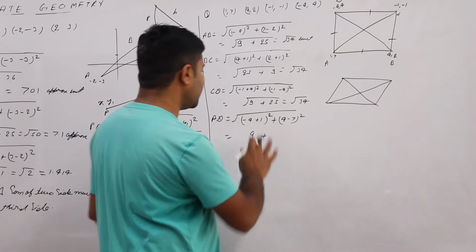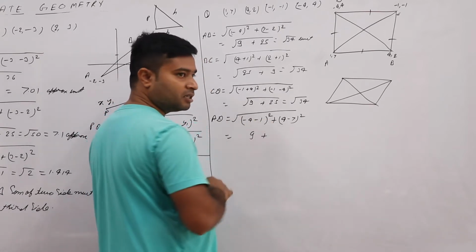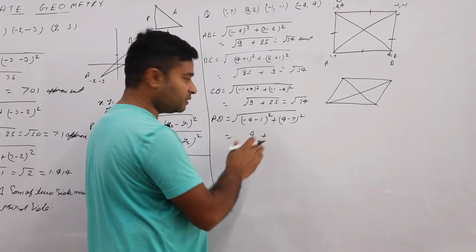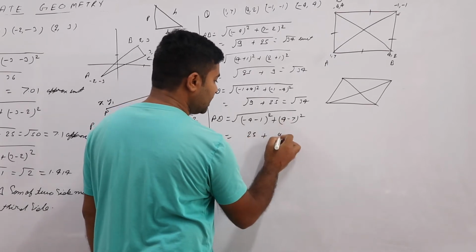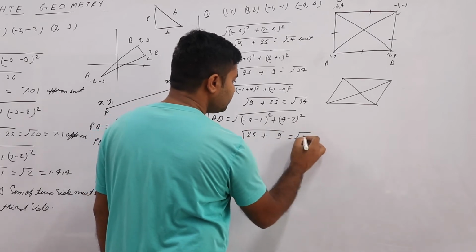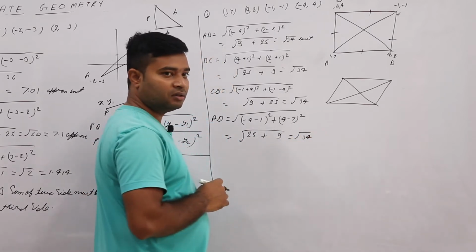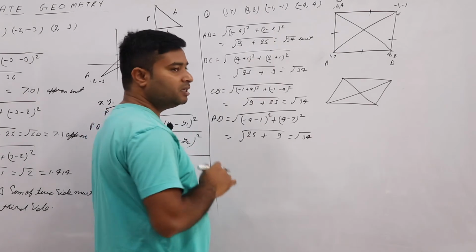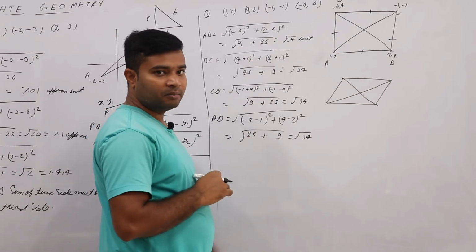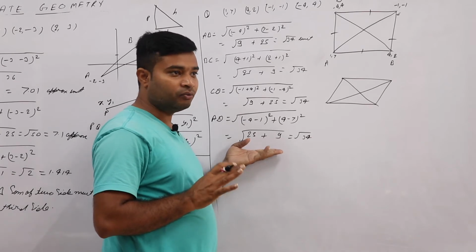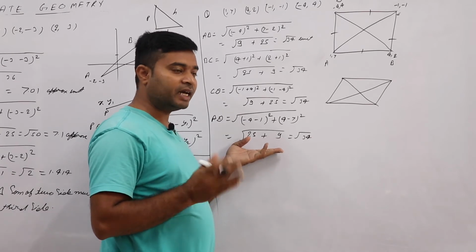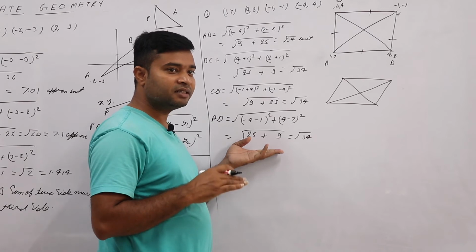Minus 4 minus 1, because x2 minus x1, right? So this is minus 5, so 25, and this is minus 3, so 9. So again root over 34. So see, all sides become equal. Yes, sir. All sides become equal, but if you stop here we can't say this is a square. We should find the diagonals also, and if the diagonals become equal we will say it is a square.